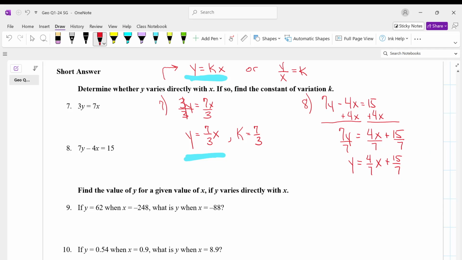And that's not in either form required for direct variation. So determine whether y varies directly with x. It does not. That's just a no. The equation has to be written in this format or this format for y to vary directly with x.